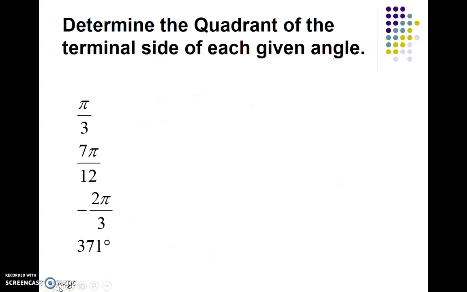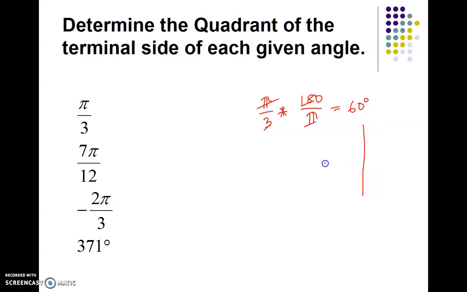Okay, next. Let's determine which quadrant the given radians belong to. If you are confused with radians, try to convert the radian values into degrees. So pi over 3 times 180 over pi gives us 60 degrees.